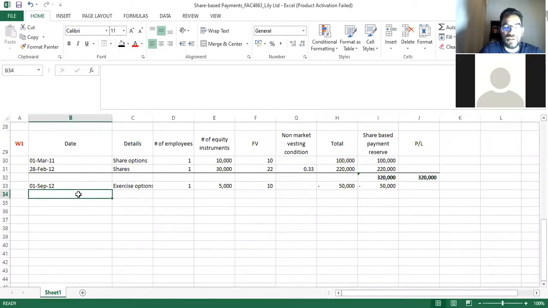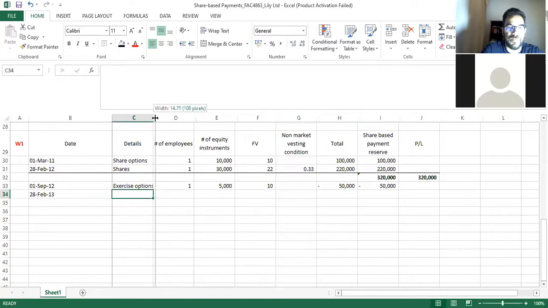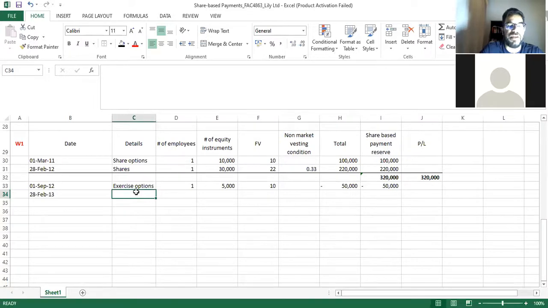So the next transaction date is year end, 28 February 2013. Two things happened over here. One, it is basically the normal annual thing where she's one employee, she has 30,000 shares, the grant date fair value of the shares is 22 Rand.